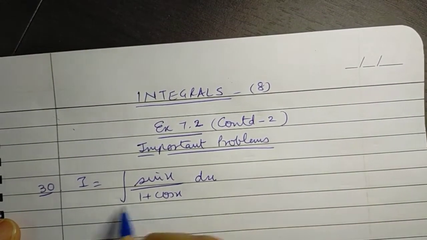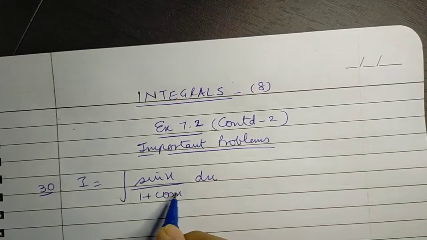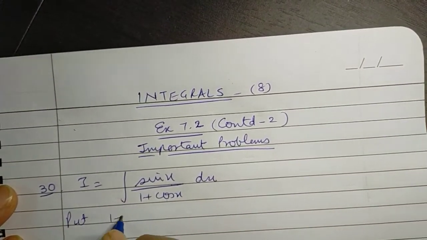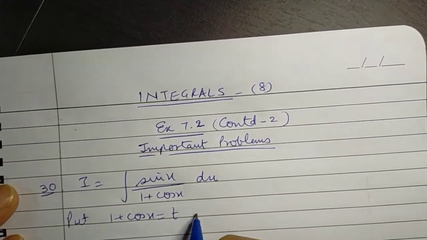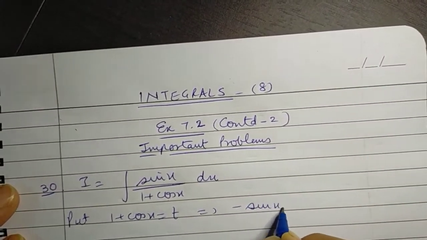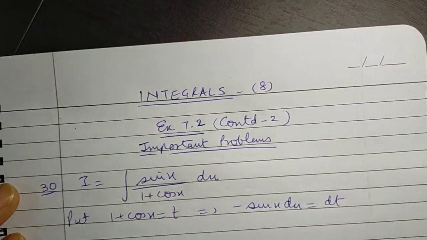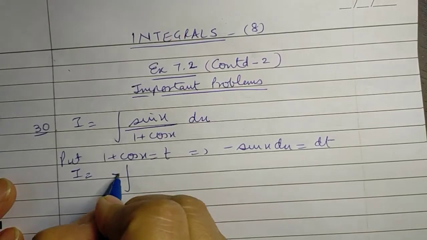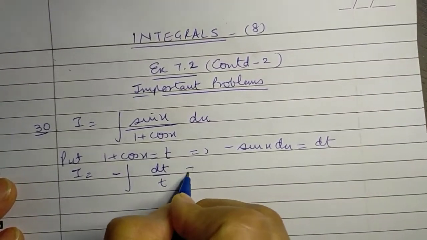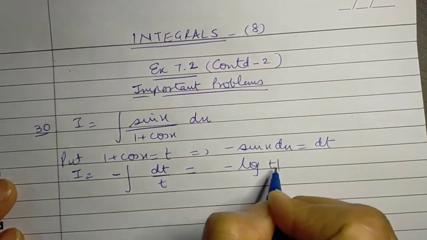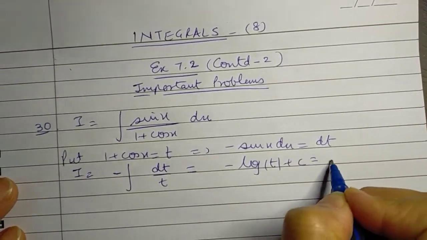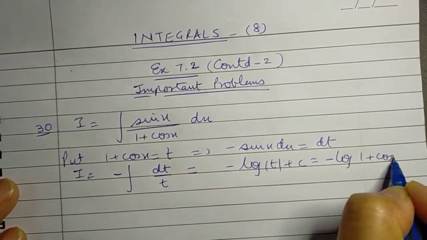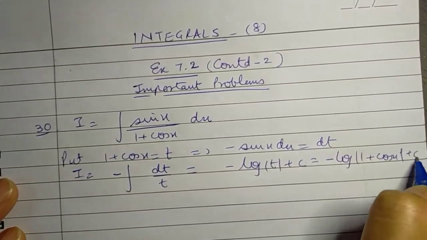You simply put, clearly the derivative of the denominator is given in the numerator, so you put the denominator, that is 1 plus cos x, as t. We get minus sin x dx as dt, and so I becomes equal to minus of dt over t, which is minus of log t plus c, and so the answer is minus of log of 1 plus cos x plus c.